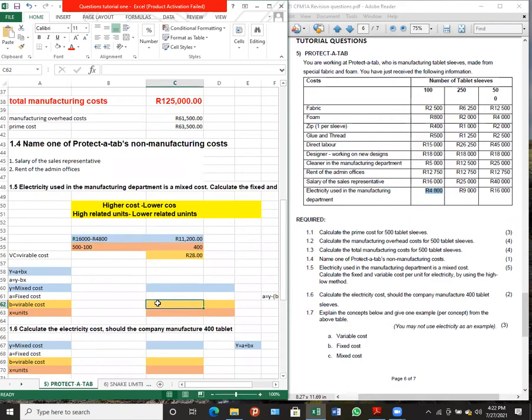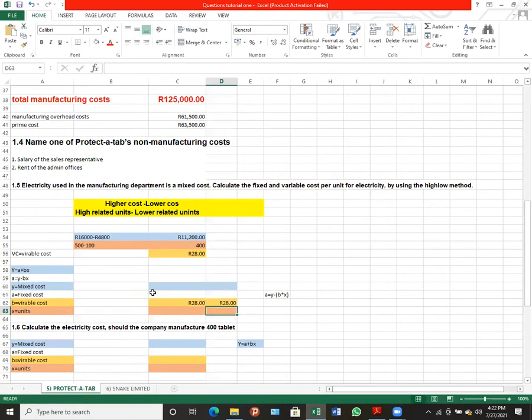If you check my colors, guys, the color represents my formula. It represents everything here.